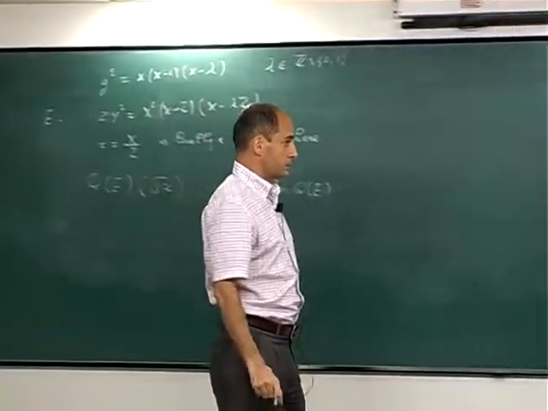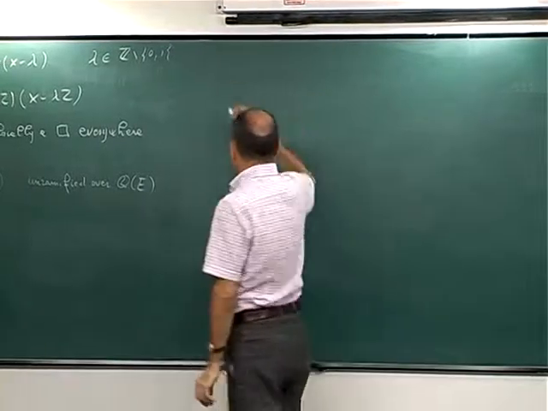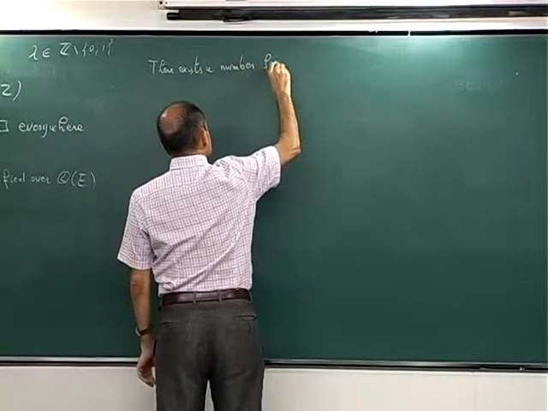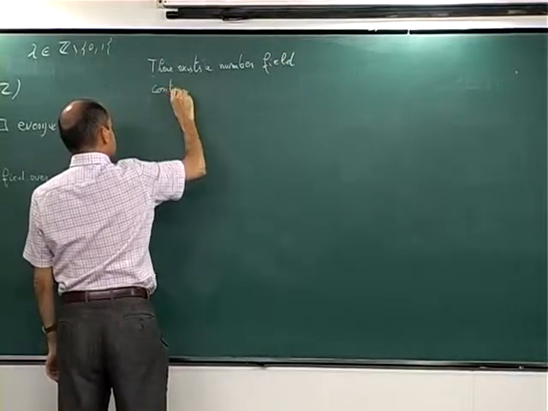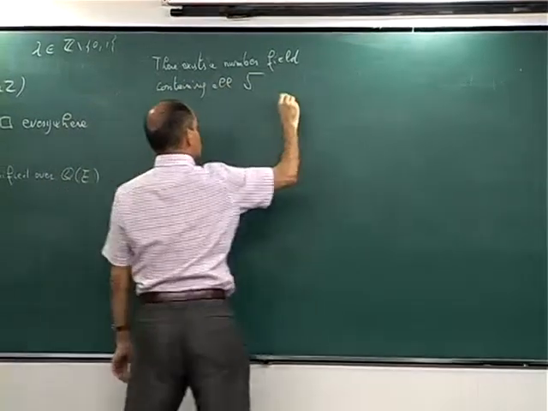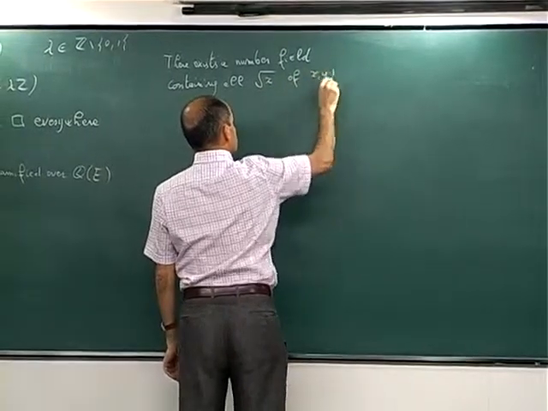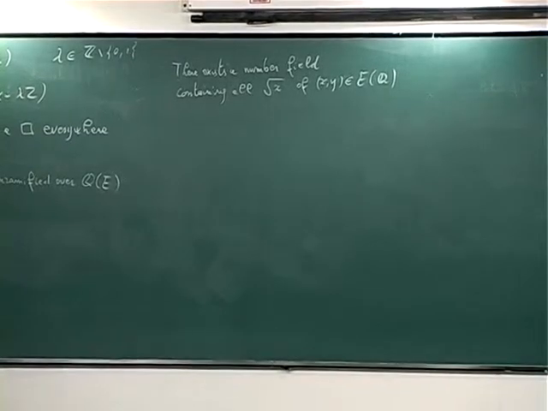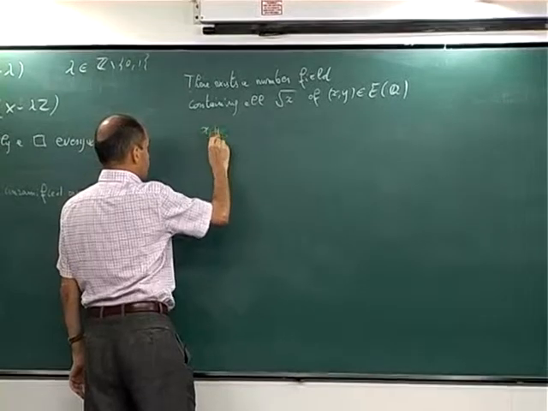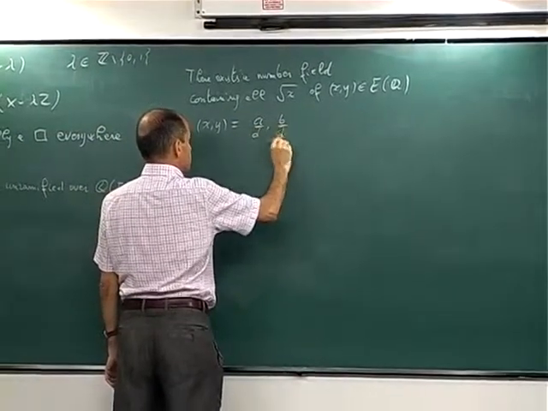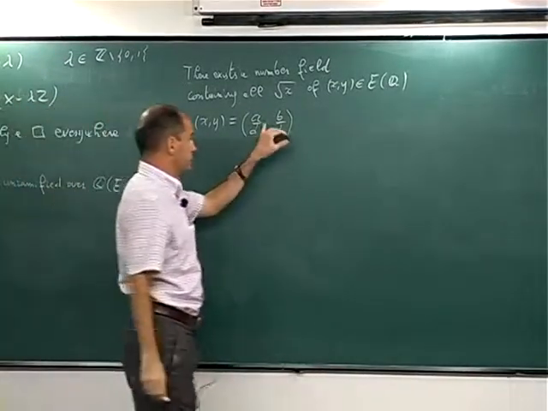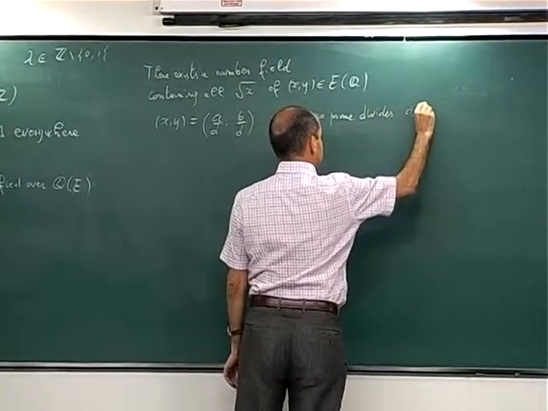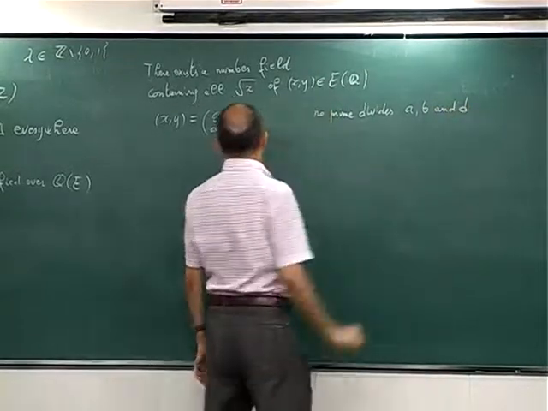And by the Chevalley-Weil theorem, I expect that there exists a number field containing all square roots of x, with x ranging over the rational points of E. So write x as A over D, where D is a minimal common denominator, which means that no prime divides A, B and D at the same time.